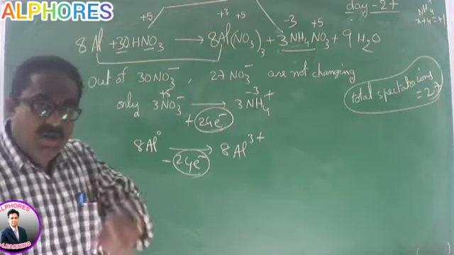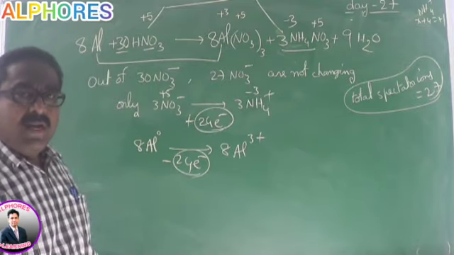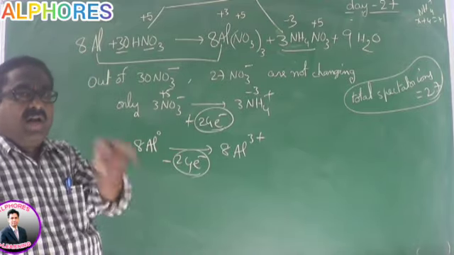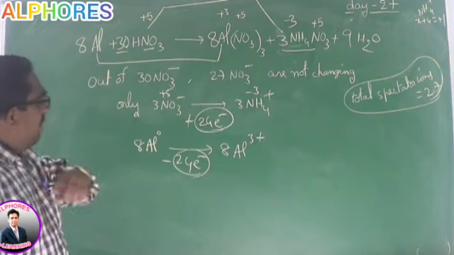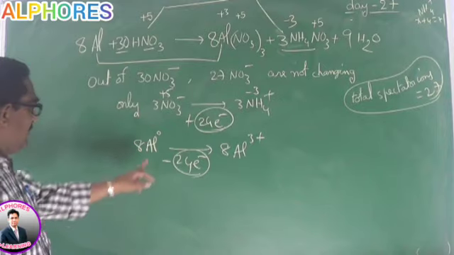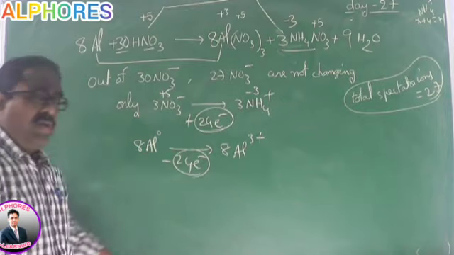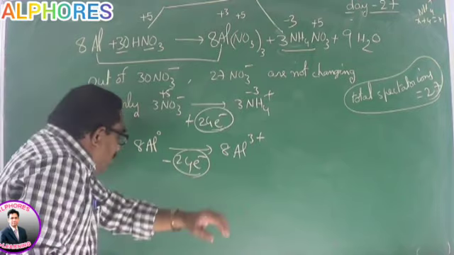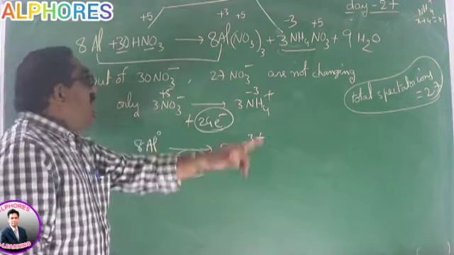I have already told you, students, in a balanced redox reaction, the number of electrons lost by the reductant should be exactly equal to the number of electrons gained by the oxidant. Here aluminum is undergoing oxidation, so it is a reducing agent. 8 moles of aluminum are giving 24 moles of electrons and reducing 3 moles of nitrate ions into ammonium ions.